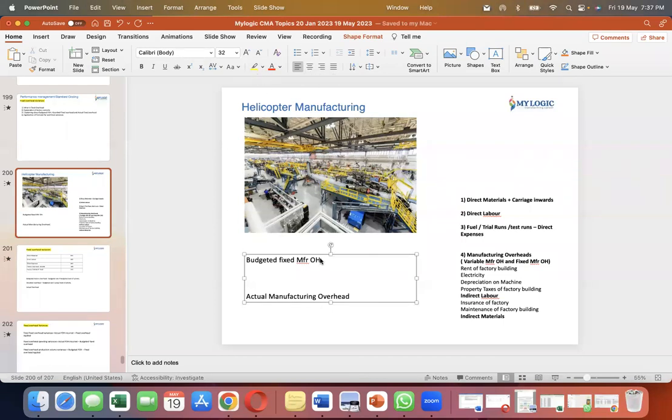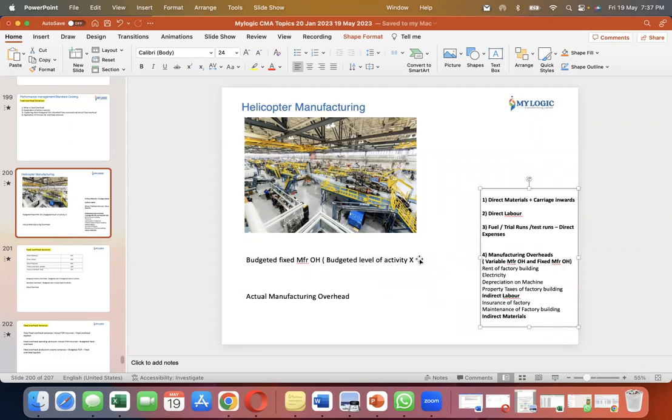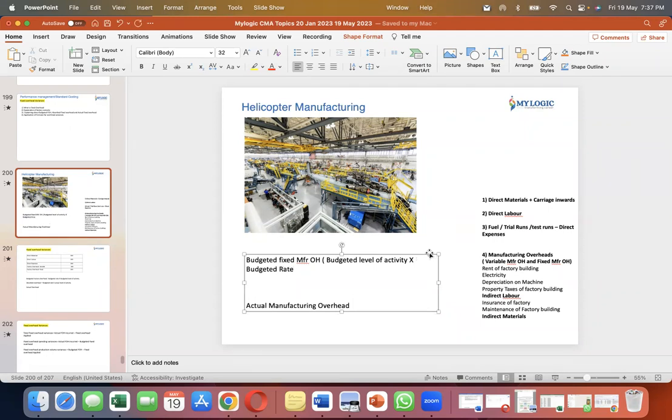Okay, good. So here, budgeted manufacturing overhead is nothing but the budgeted level of activity multiplied with the budgeted rate.